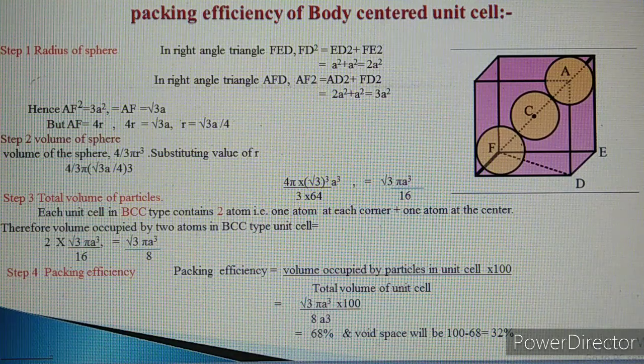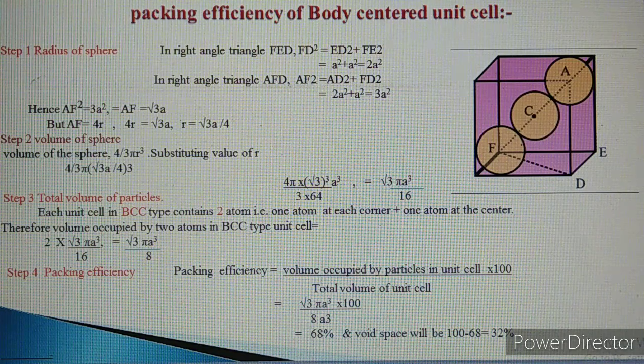In a body-centered unit cell, what is the packing efficiency? For this, the diagram is given over there. If you observe the diagram, the triangles are there: triangle ACE and triangle EFD. All are right angle triangles with a 90 degree angle.